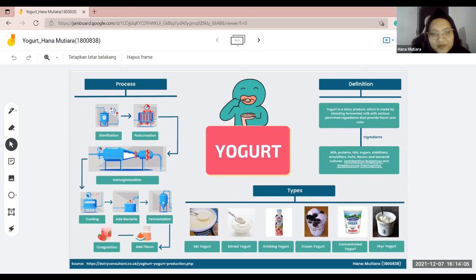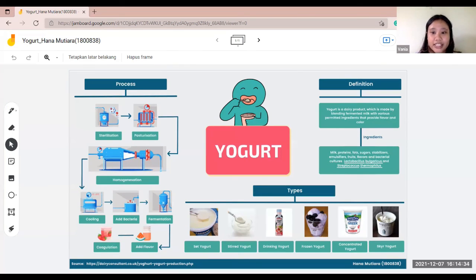All right, I think all of the questions have been answered for today's seminar about yogurt. Because there are already 5 questions, let me read the summary. First, the definition of yogurt. Yogurt is a dairy product made by blending fermented milk with various permitted ingredients that provide flavor and color.